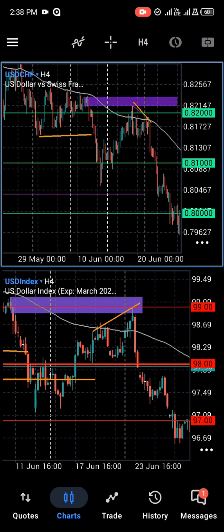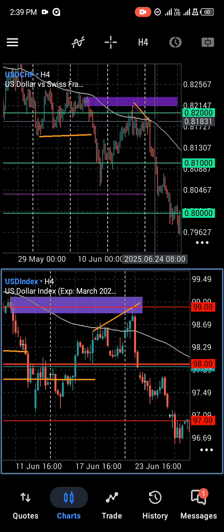So that's a divergence, and this divergence comes in line with a psychological level, and also you have this 100 exponential moving average, and also we had the same here: psychological level, a divergence, and also the 100 moving average sitting around the same zone. So if the momentum shifted bearish, you could have just got into that trade and ridden to the next psychological level.